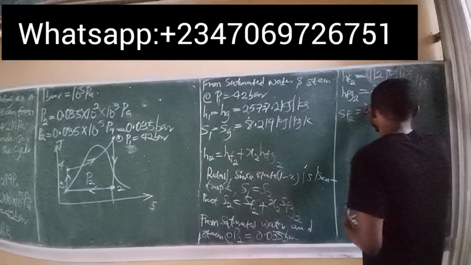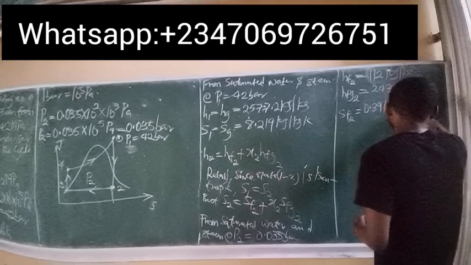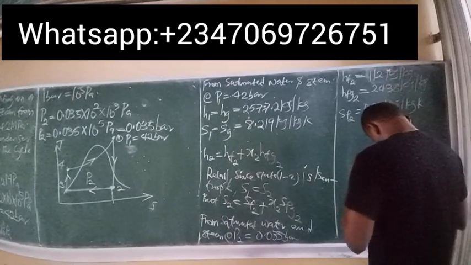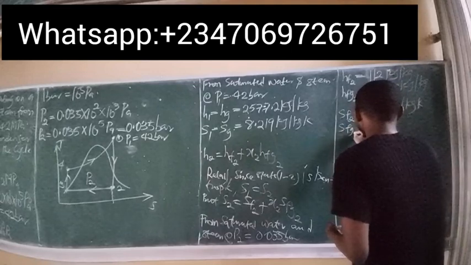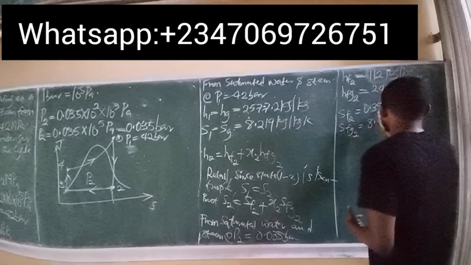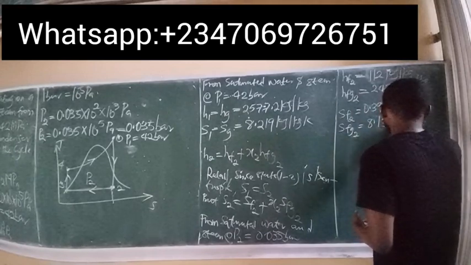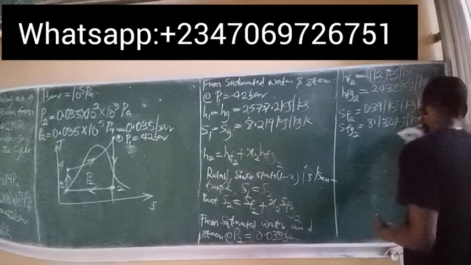SF is simply 0.391 kilojoules per kilogram Kelvin. And SFG, so SFG is simply 8.130 kilojoules per kilogram Kelvin. So we simply have this.